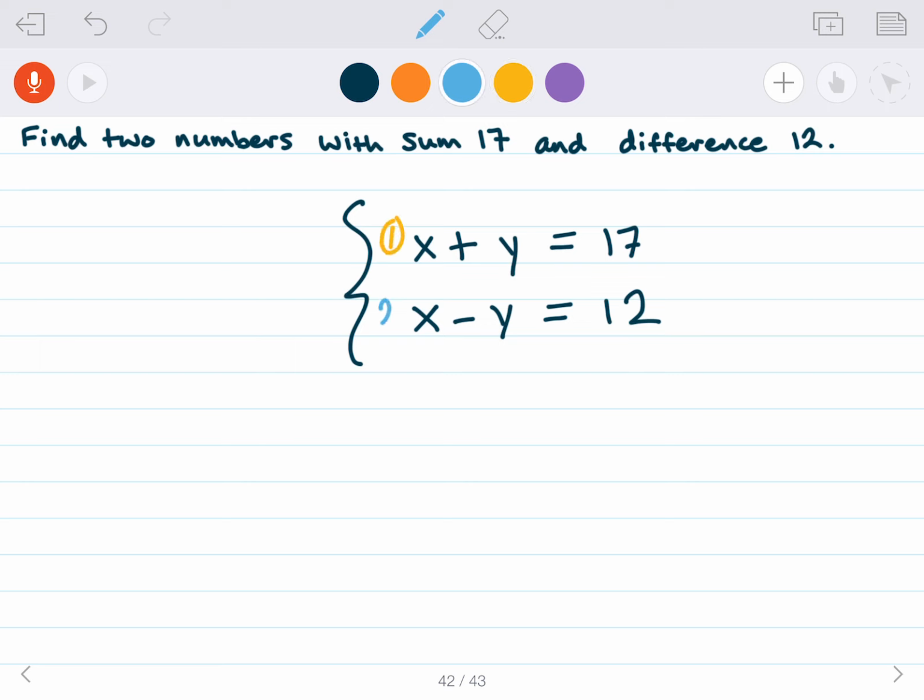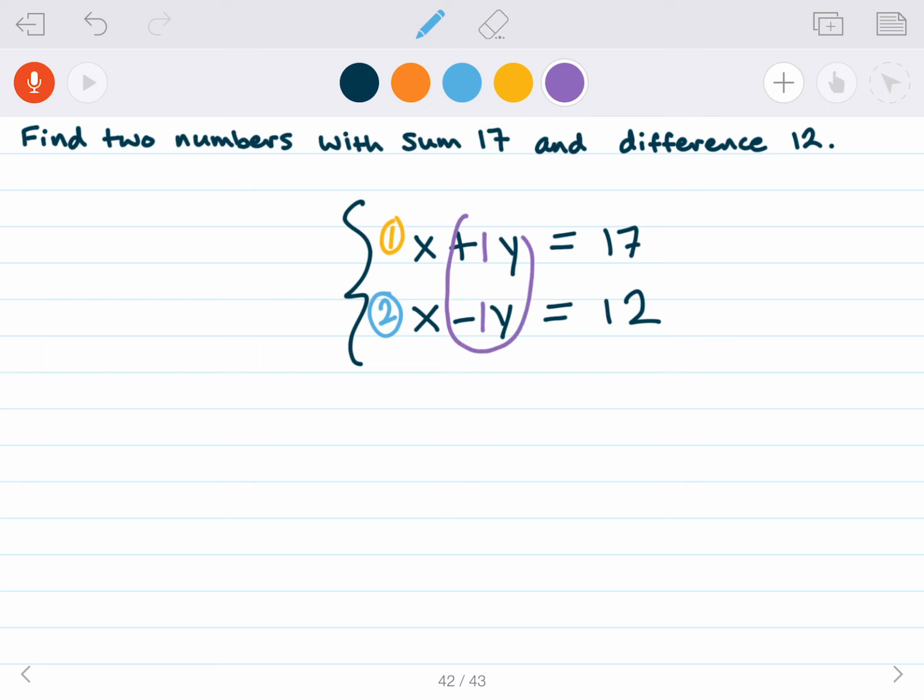Now, once again, if you plug these two lines in Desmos, it's going to give you your answer. It's going to give you x and y, your intersection. However, my gut instinct is to use elimination because what I see is a positive 1y and a negative 1y.